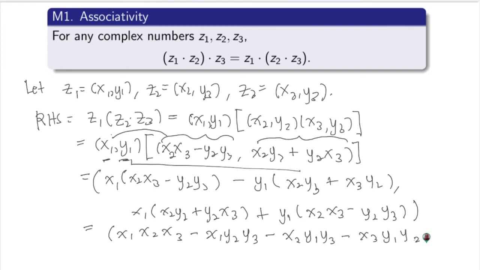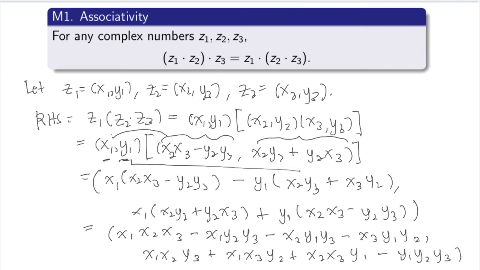For the imaginary part, we have x1, x2, y3 plus x1, x3, y2 plus x2, x3, y1 minus y1, y2, y3.